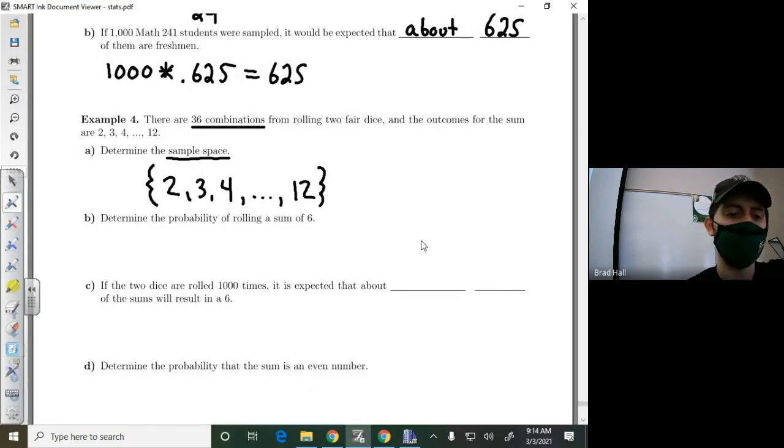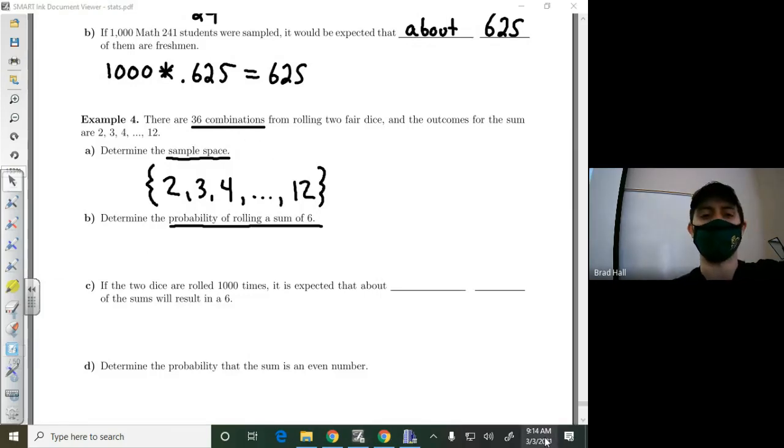The probability of rolling a sum of 6. Well, it's not as simple as just saying that, so don't write this part down.